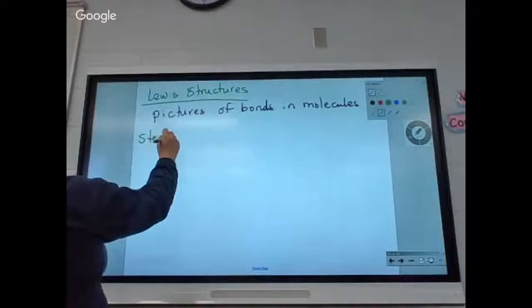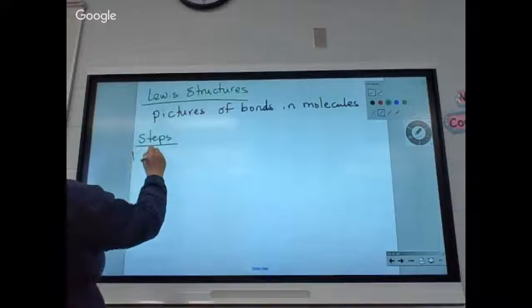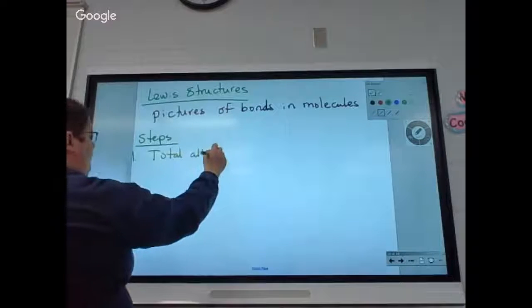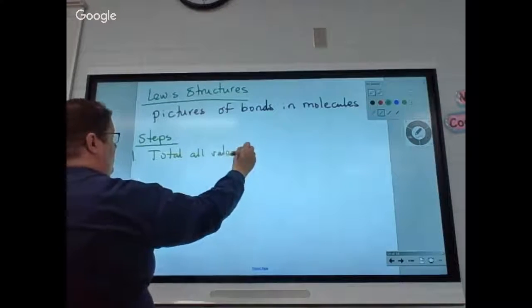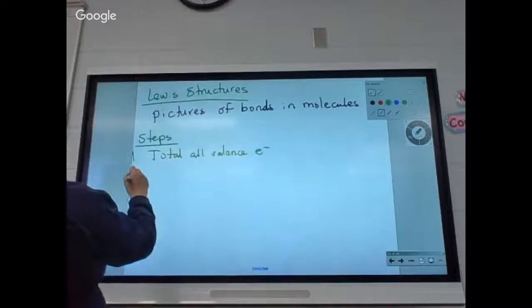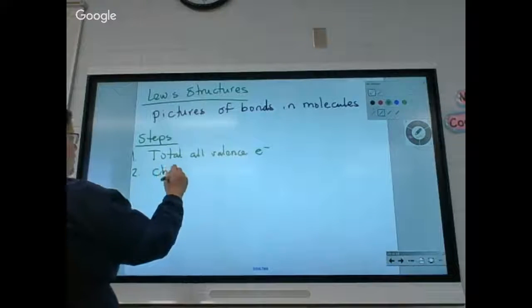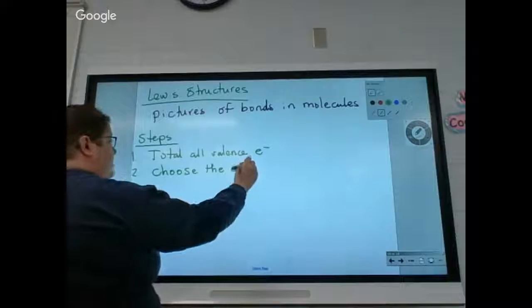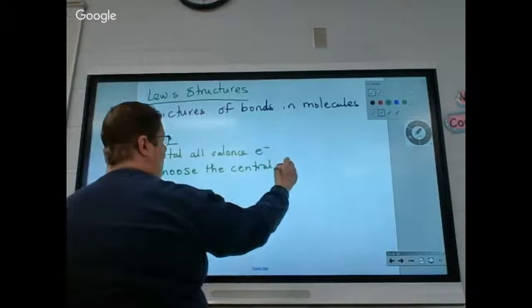here are the steps. Number 1, total all valence electrons. Number 2, choose the central atom.